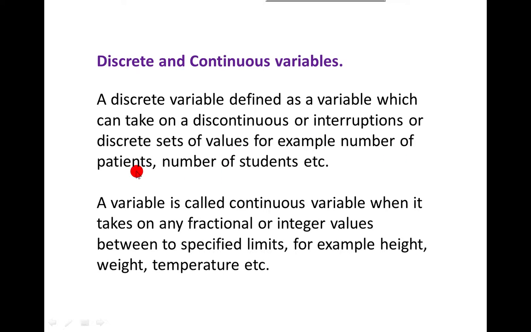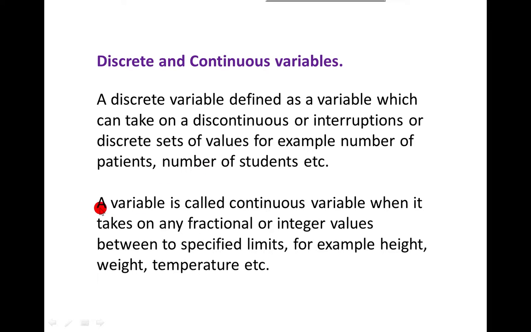For example, number of patients, number of students. Number of patients may be 5, 10, 12, 15 and so on. 5.6, 10.8 is not possible. Same as number of students is a discrete variable. Students may be 10, 13, 14, 15; 15.5 is not possible. So if the variable is discrete, data will be discrete.